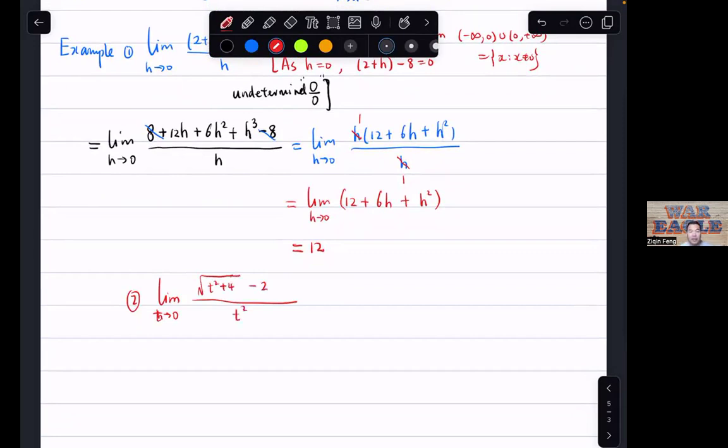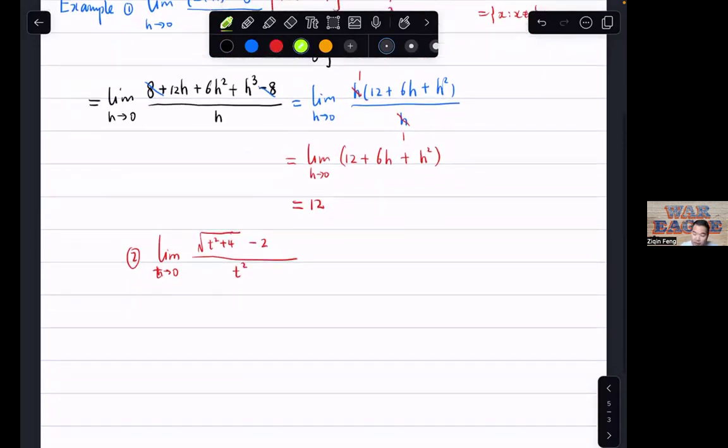So this is basically another fraction. And you can see that this is a function whose domain is everything but 0, which means you cannot plug in 0 directly.